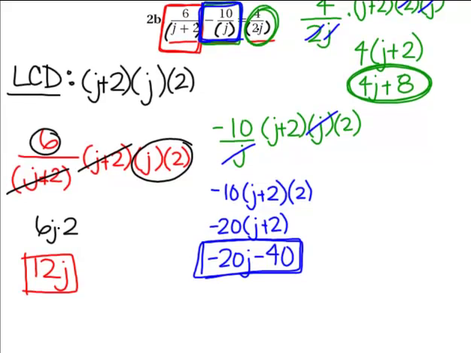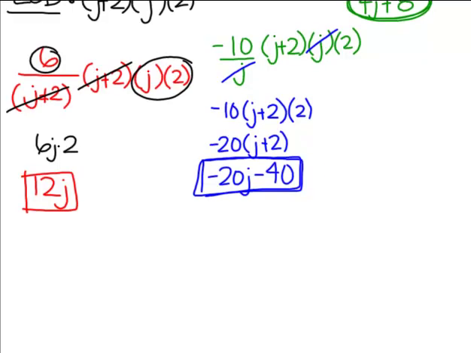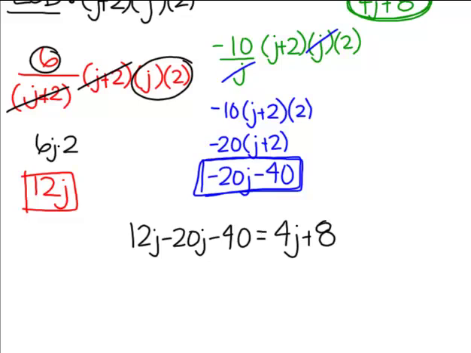So it's red and blue on one side equals the green stuff. So our equation becomes 12j minus 20j minus 40 equals 4j plus 8. Now this is turned into something that we can solve.